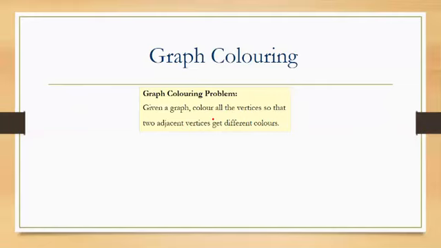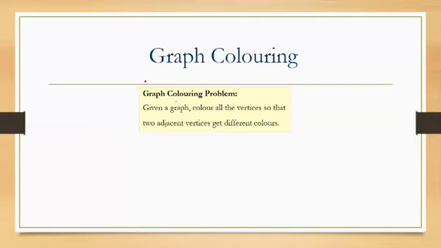So the problem of coloring the regions of a map is equivalent to the problem of coloring the vertices of the dual graph, so that no two adjacent vertices have the same color. Now this is the graph coloring problem. I am stating the definition, you can note it down.